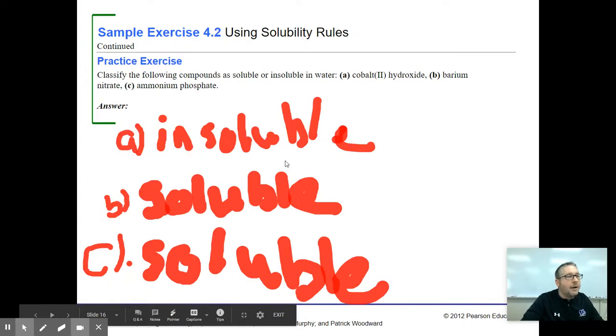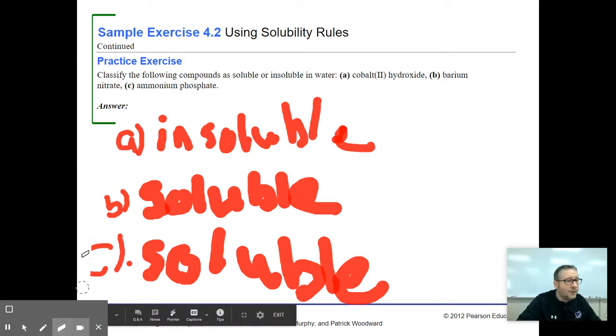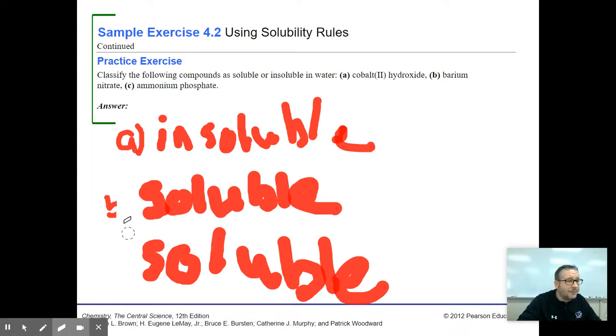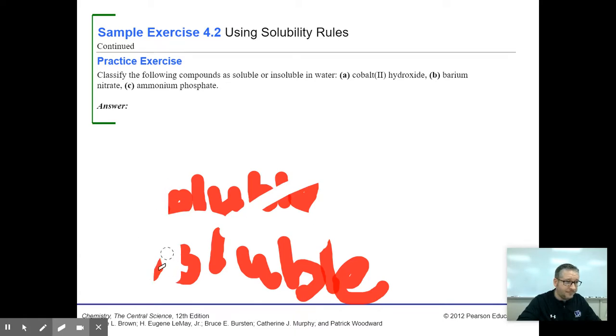For B, barium nitrate, nitrate is soluble no matter what is bonded to it. In ammonium phosphate, phosphate is typically insoluble unless it is bonded with cations like ammonium. Therefore, it is soluble. So that's how we use the solubility guidelines to determine what will be soluble and what will be insoluble. So will we have a precipitate formed, or will it just remain a liquid?